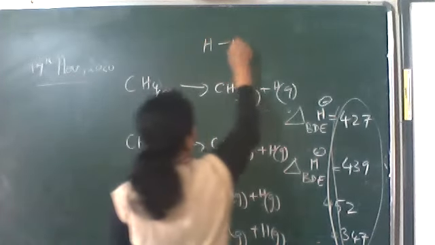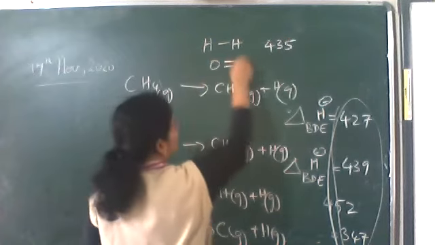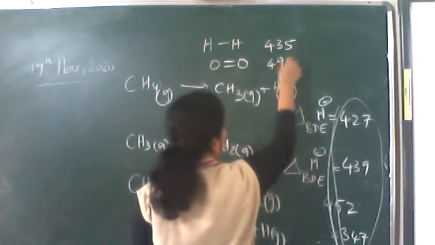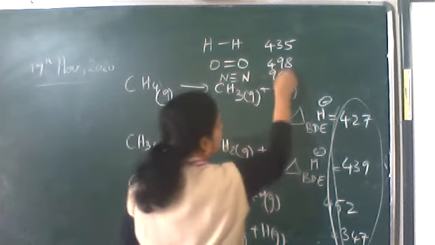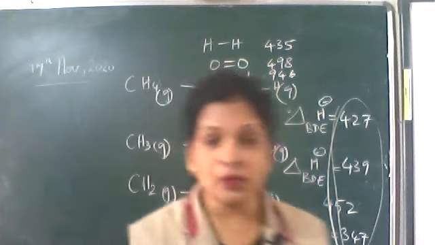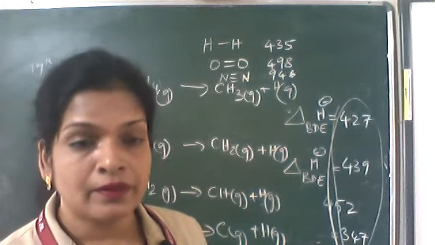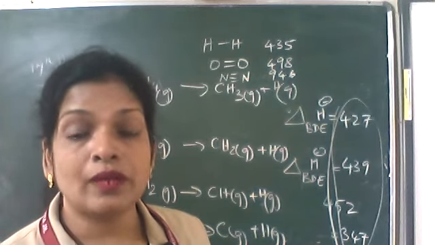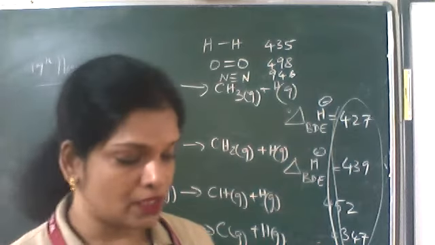H single bond H, 435 kilojoules per mole. O double bond O, 498 kilojoules per mole. N triple bond N, 946 kilojoules per mole. So more bonds means more attraction. To break them or to atomize them, you have to supply more and more energy as the number of bonds between them increases.